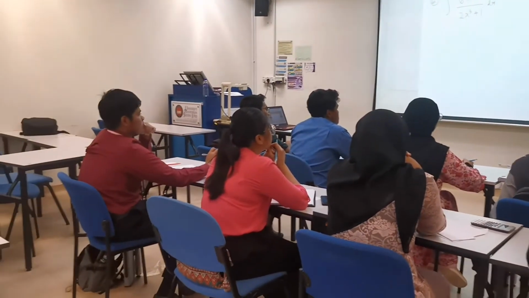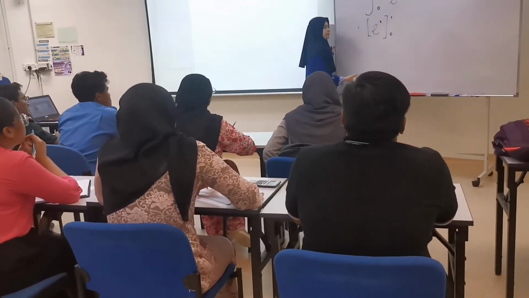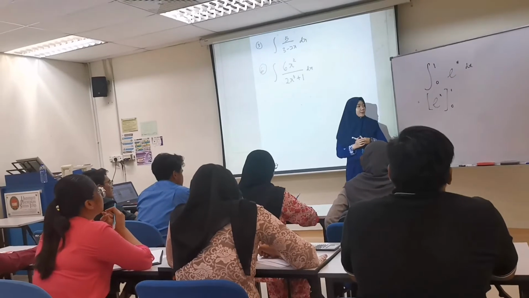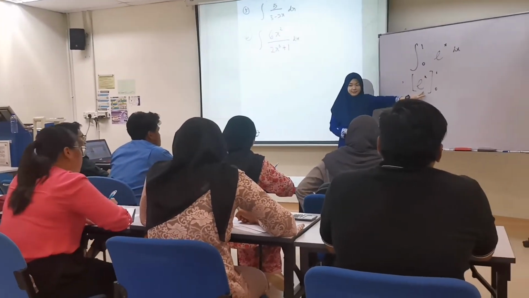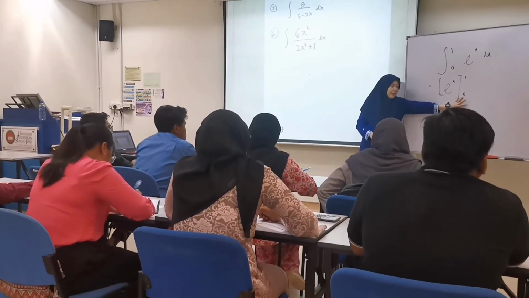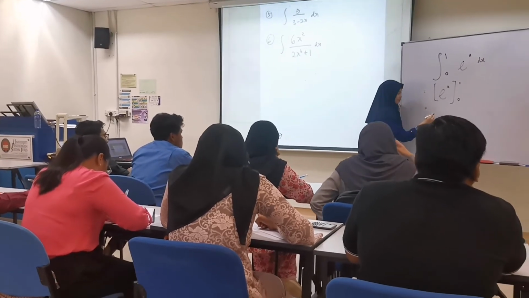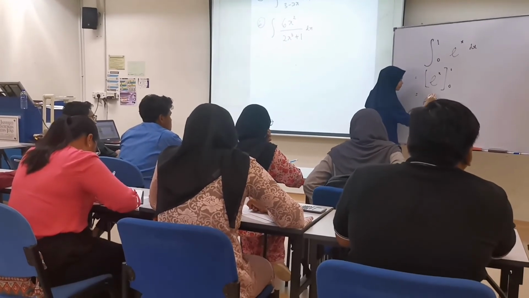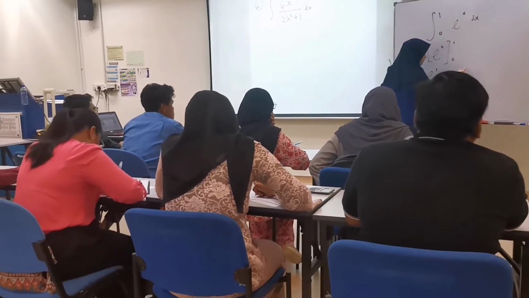Because we have limits. If you integrate it, you get e to the x, you write 1 and 0 at the back, and then we substitute 1 into e to the x and minus e to the 0.